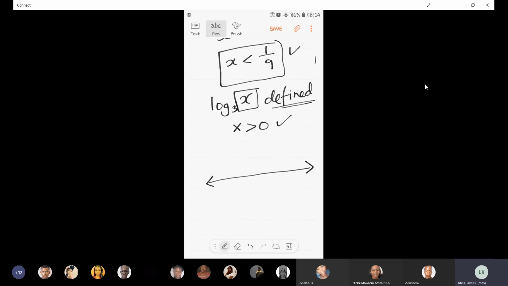that is not enough. So here I will put 0, and then I have 1 over 9 there. So the first condition says that x should be less than 1 over 9. So the circle is open because it's strictly less than, and then I go to the left. Then the second condition says x should be greater than 0. So my circle is open because it's strictly greater than, and then I go to the right.